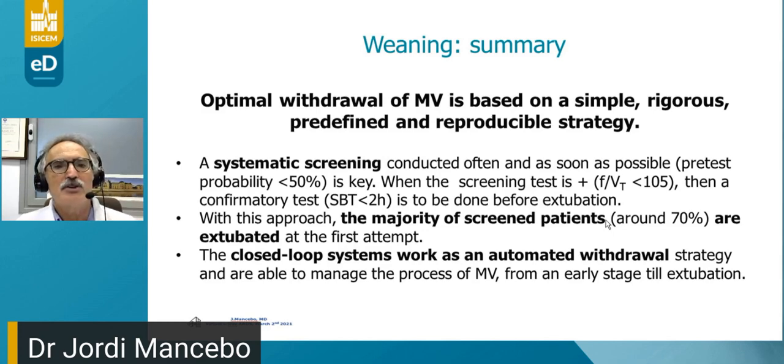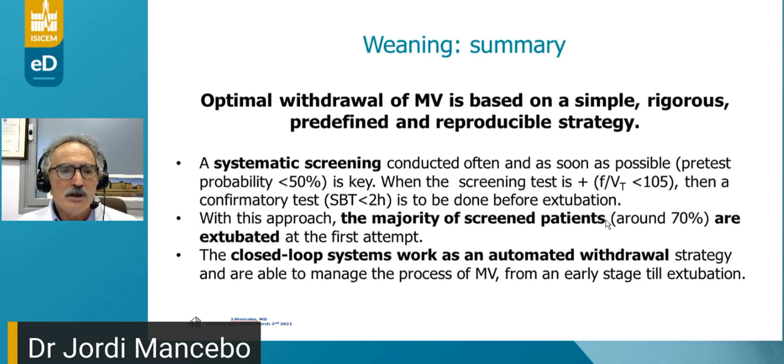So in summary, the optimal withdrawal of mechanical ventilation is based on a simple, rigorous, and predefined strategy. Systematic screening is extremely important, and this is to be conducted very early when the pretest probability is low.